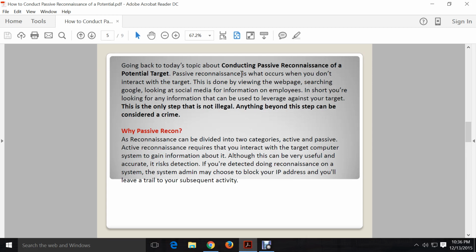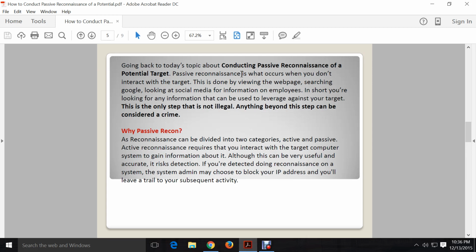Now why passive recon? Recon can be divided into two categories, active and passive. Active recon requires that you interact with the target computer system to gain information about it. Although this can be very useful and accurate, it risks detection.